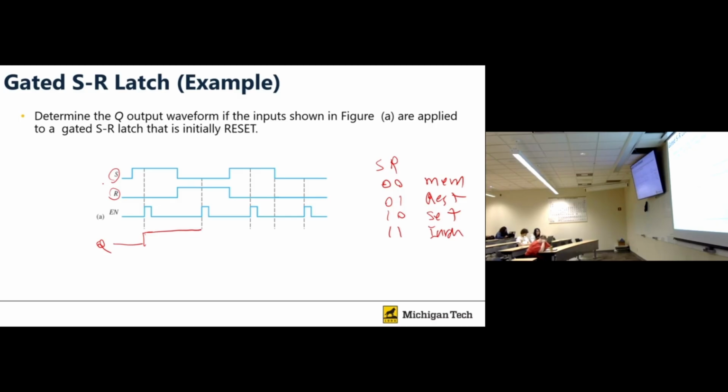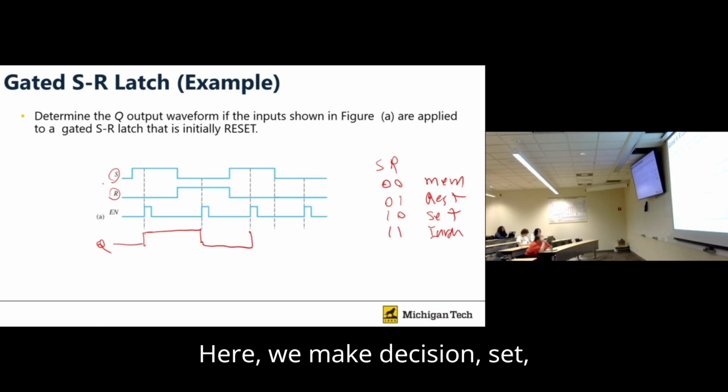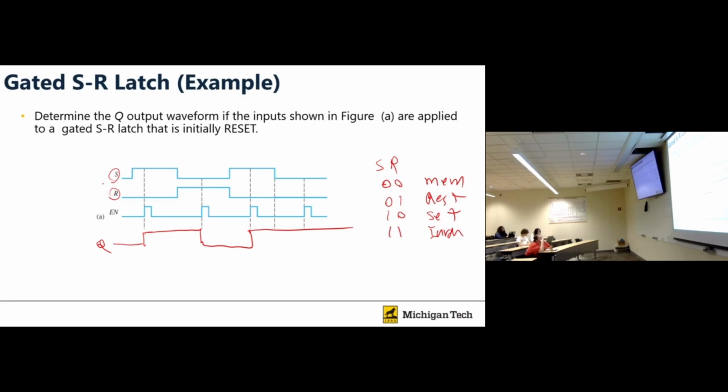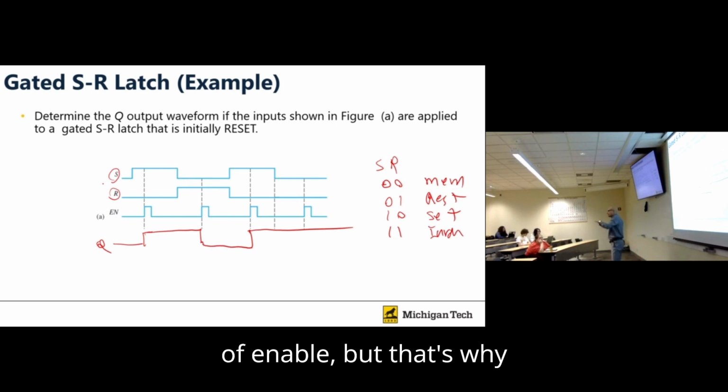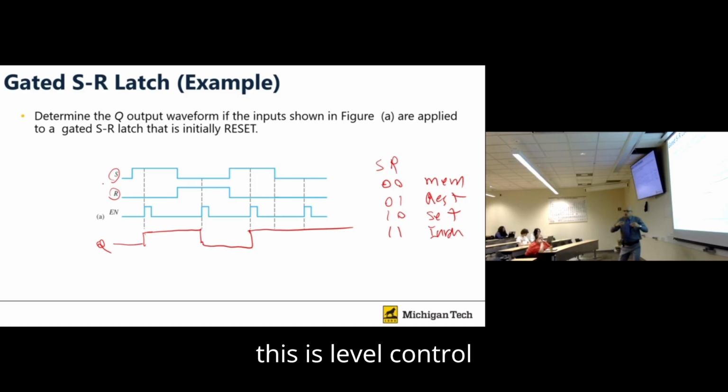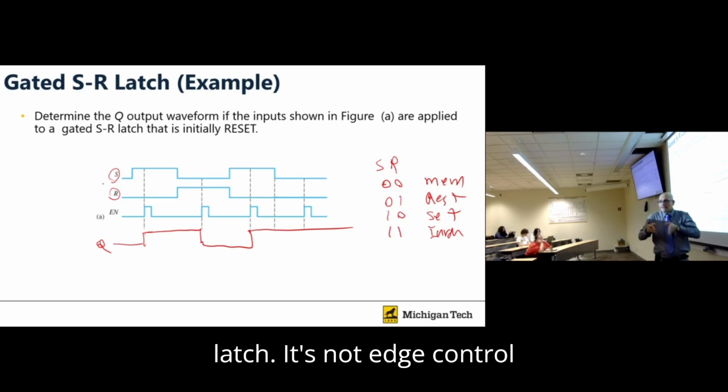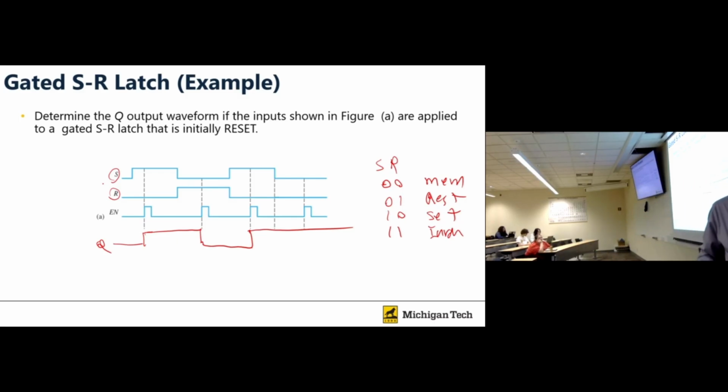Here we make reset and it stays. Here we make a decision, set, and it stays. So we made decisions based on enable, and that's why this is a level control latch. It's not edge control or edge triggered.